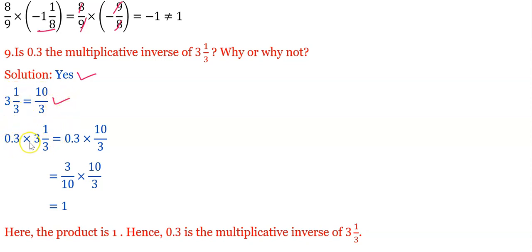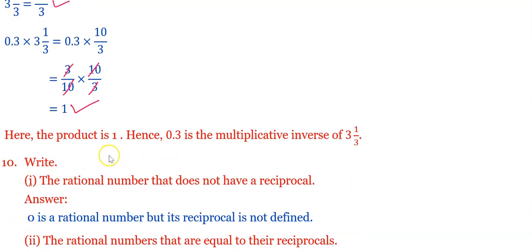Now 0.3 into 3 and 1 by 3 equals 0.3 into 10 by 3. And 0.3 means 3 by 10. This 10 and 10 get cancelled, 3 and 3 get cancelled, you will get 1. Here the product is 1 and hence 0.3 is the multiplicative inverse of 3 and 1 by 3.